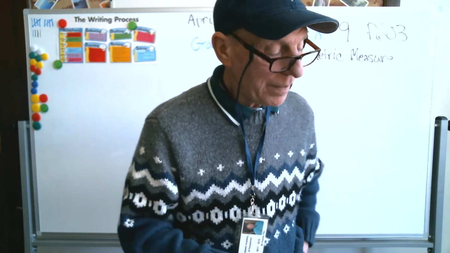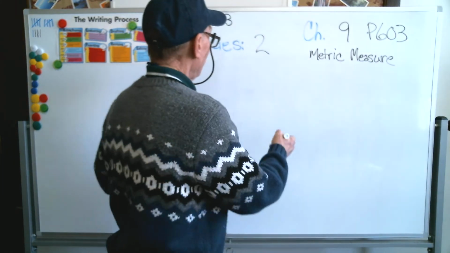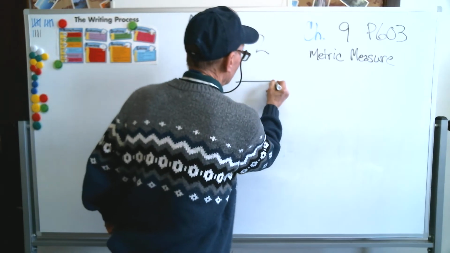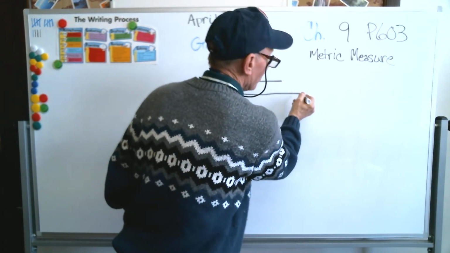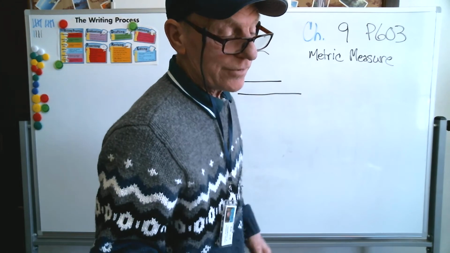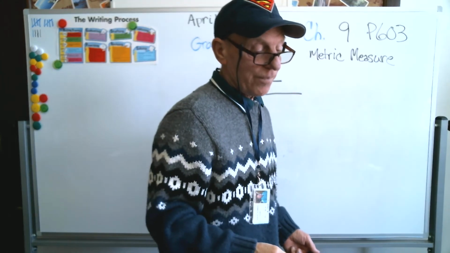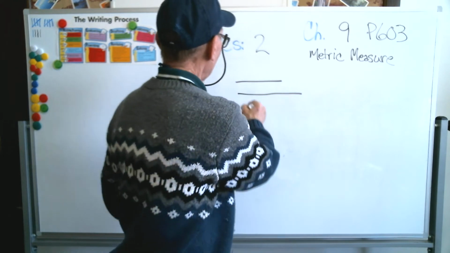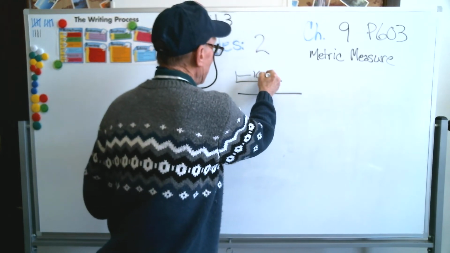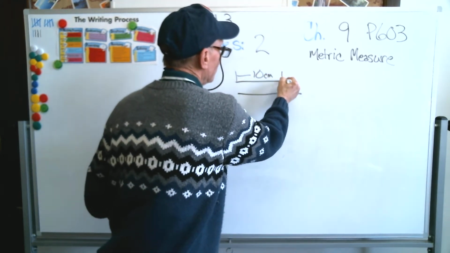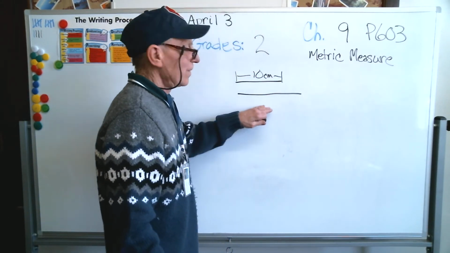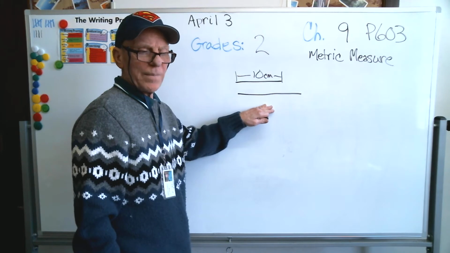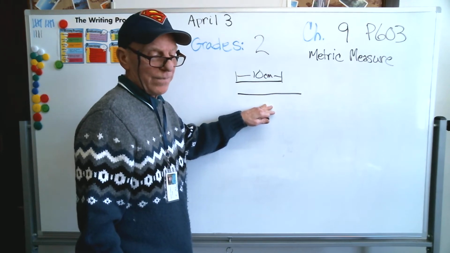So it shows you a pencil, and then you've got a ribbon. And you can see that the ribbon is longer than the pencil. And we know that the pencil is 10 centimeters. And it's asking you, roughly, how long do you think the ribbon is?